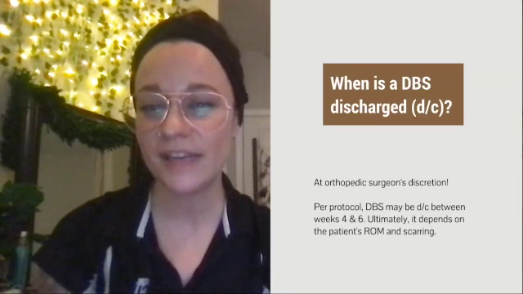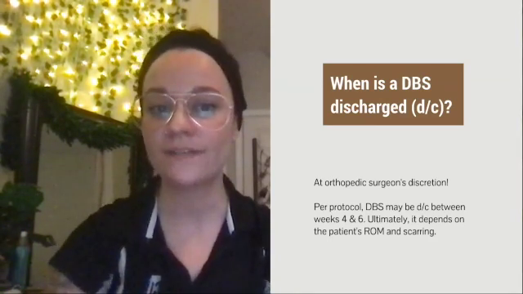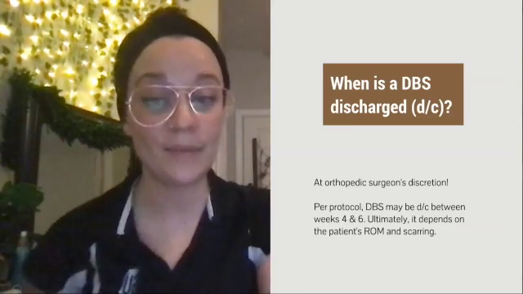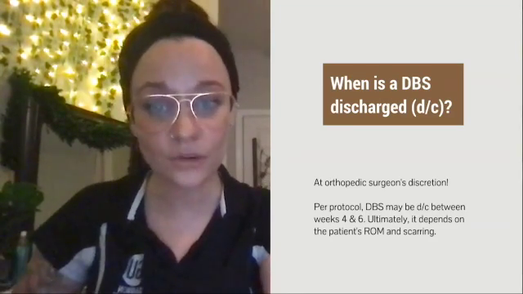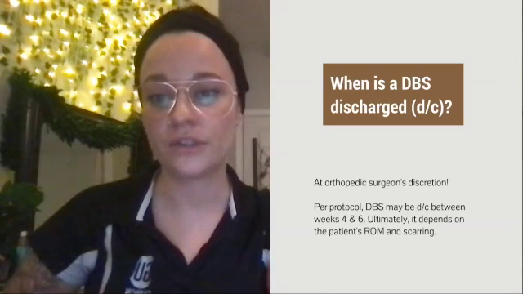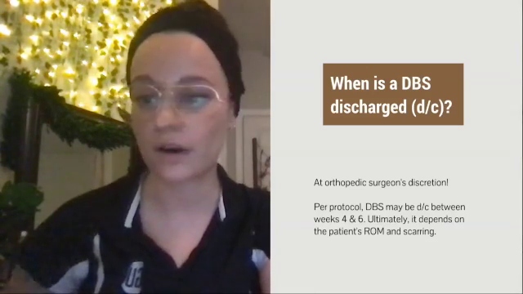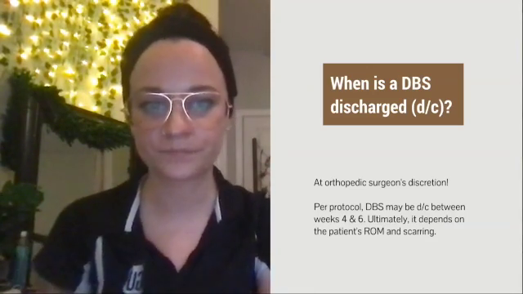With that being said, if the dorsal blocking splint is discharged, a post-operative flexor tendon brace may be prescribed following the dorsal blocking splint. But again, that is up to the orthopedic surgeon's discretion and is dependent on the patient's range of motion and scarring and general healing process.